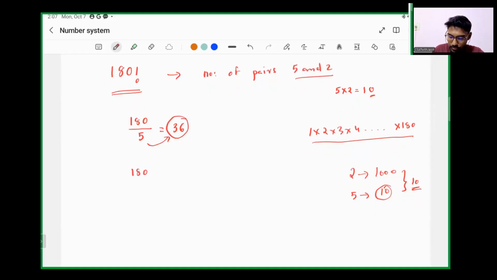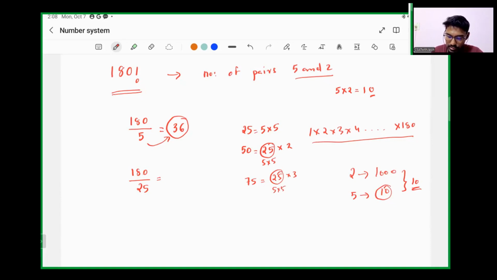Then I told you to divide 180 by 25 also, because in 25 there are two 5s, since it's 5 into 5. 50 is a multiple of 25, 25 into 2, so again there are two 5s. 75 is 25 into 3, again two 5s. So all the multiples of 25 you need to count as 2, because there are two 5s. That's why we find the number of multiples of 25 in 180 factorial.